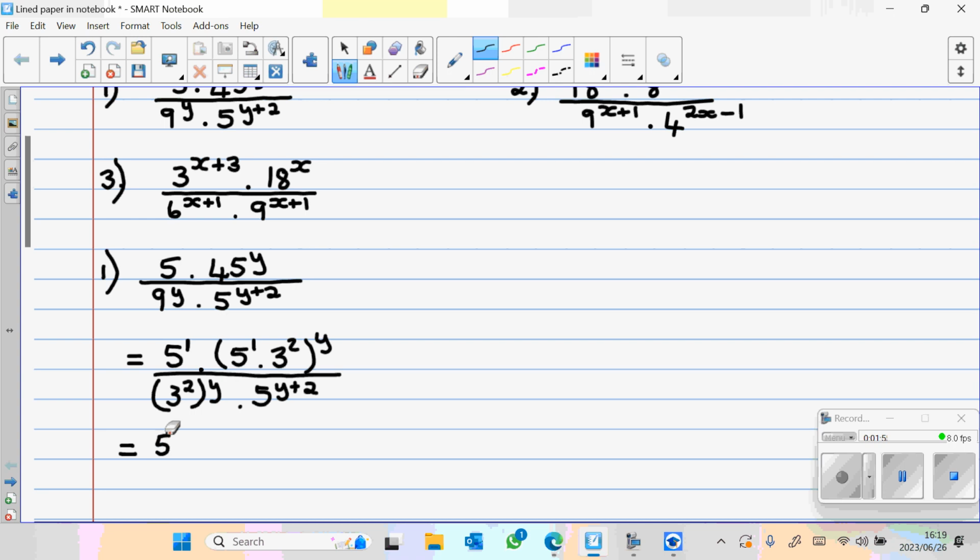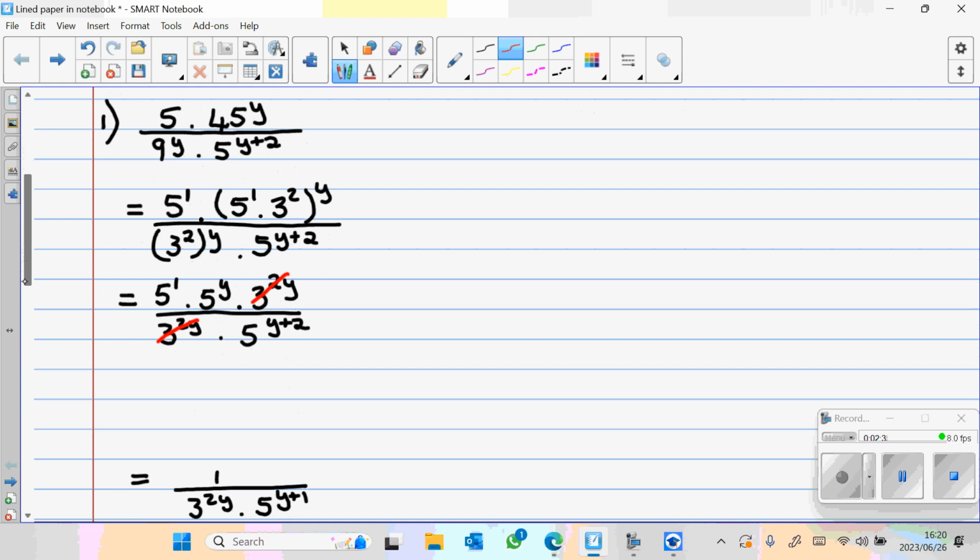So I have 5 to the power of 1 times 5 to the power of y, times 3 to the power of 2y, divided by 3 to the power of 2y, times 5 to the power of y plus 2. Now, if it helps, you can already cancel those, because it's 3 to the power 2y on top, 3 to the power 2y underneath. 2y minus 2y is 0, so that gives you 1.